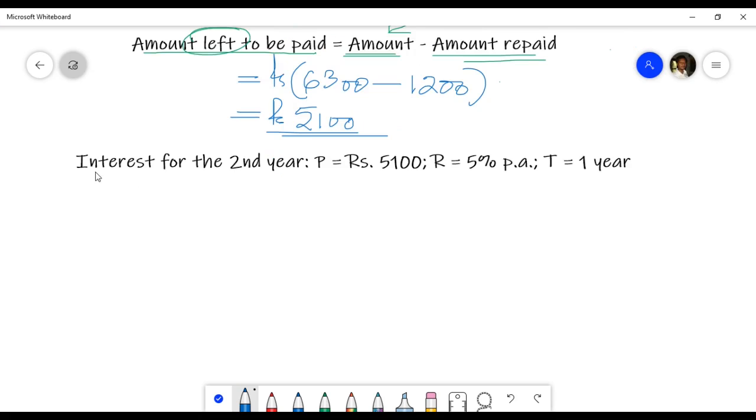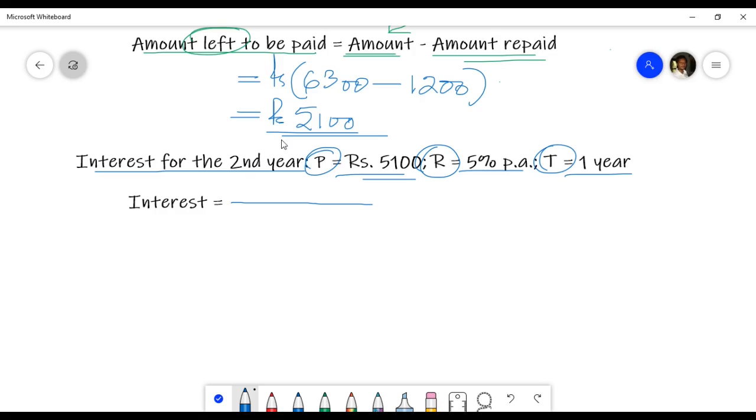Let us find the interest for the second year. The principal now is 5,100, right? Rate is 5%, time is 1 year. We'll use the formula PTR by 100 to find how much interest we'll get at the end of second year, or interest for the second year.